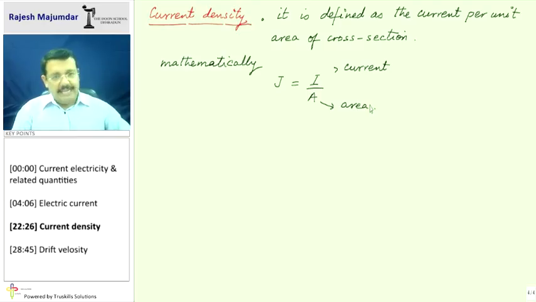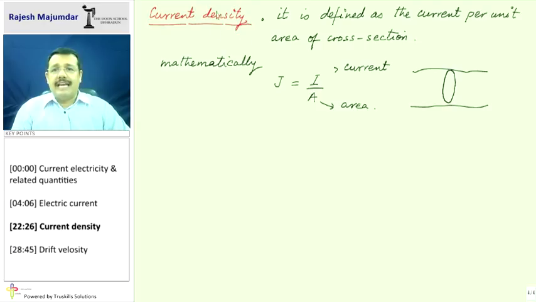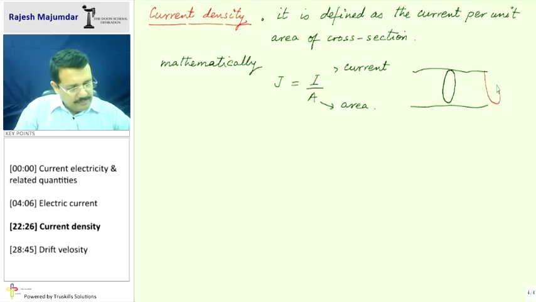So now you can see that if there is a conductor and we take a cross section which is perpendicular to the flow of electric current, right? And we will take another cross section which is slanted. So what is your opinion? Which area will be more?